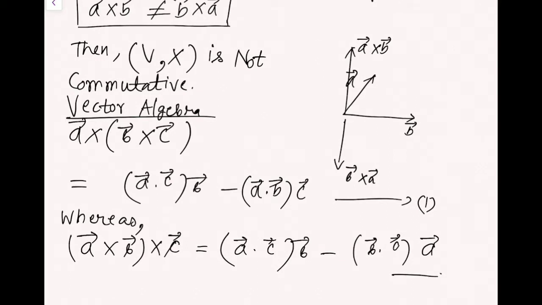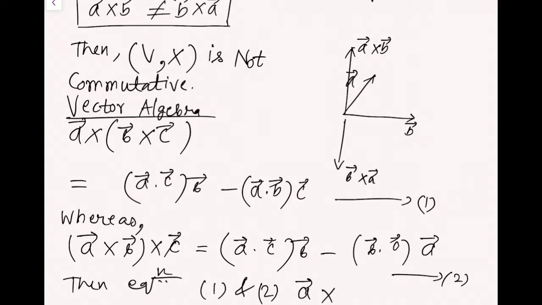If we call it equation 1 and the other equation 2, then from equations 1 and 2, A cross (B cross C) is not equal to (A cross B) cross C.